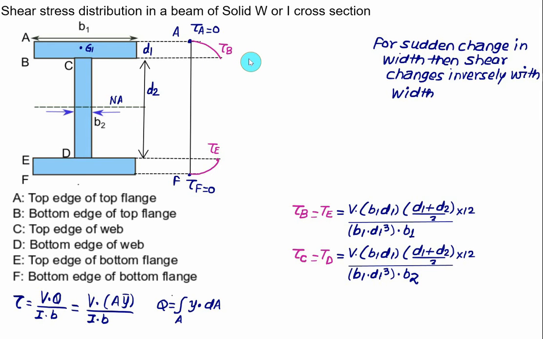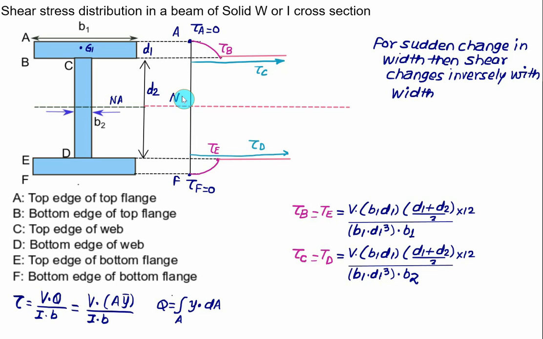At the same line we have to show the increased value. So from here we have to mark the value and this value corresponds to the shear stress tau C. Here also from the same reference level you have to mark the value at shear stress equal to D. Then the area either on the top or bottom is maximum at the neutral axis.